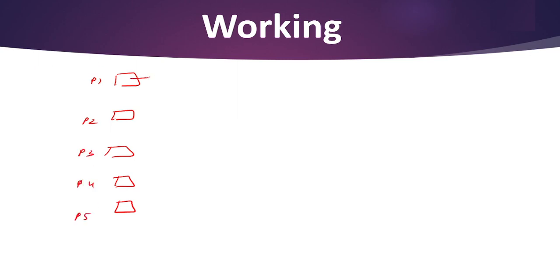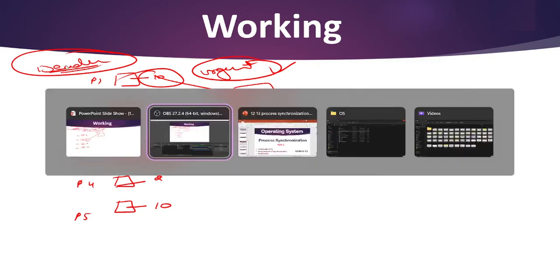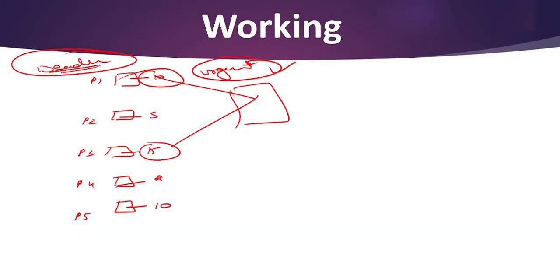If I give process P1 10 seconds, process P2 5 seconds, 15 seconds, 2 seconds, and again 10 seconds, and two of these processes want the shared memory space at the same time on an urgent basis, then our system may create a deadlock. It may cause a deadlock because of bad implementation, because of the bad formula or protocols used by the developers. So this is the major disadvantage of process synchronization.